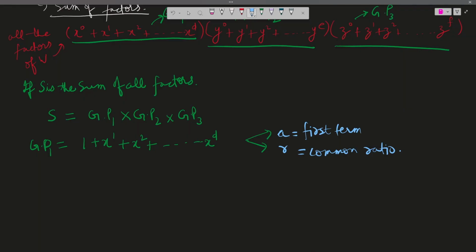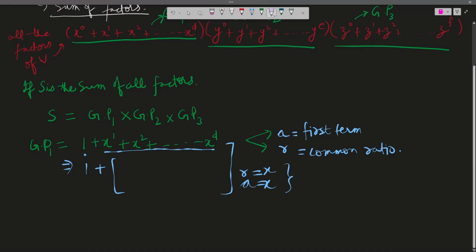Leaving the 1 as it is, the sum of the GP becomes S equals A into R to the power n minus 1 upon R minus 1. So how many terms are there? If we see, there are a total of d terms, right?